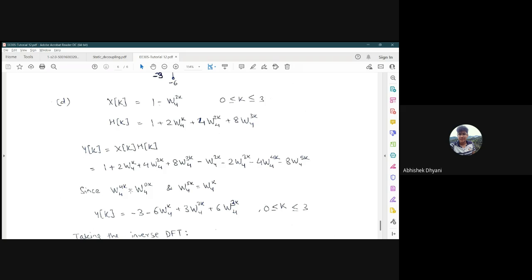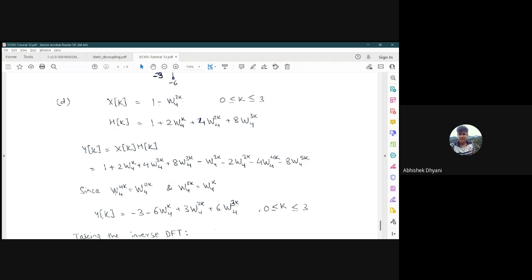We can use this thing, and also we can note that W5 to the power 4k is the same as W to the power 4k, right? You can again see, and this is obviously a result of the fact that we are moving around a unit circle, and if this is minus j pi k by 4, this will be minus j pi 5k by 4, right? So 5 pi by 4 and pi by 4, they are the same for the powers of complex exponentials.